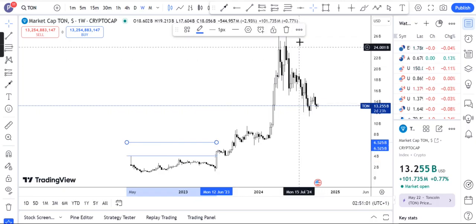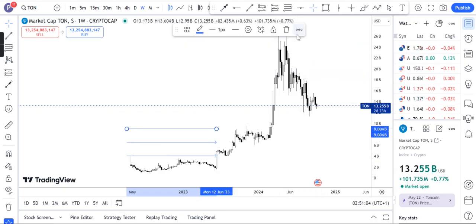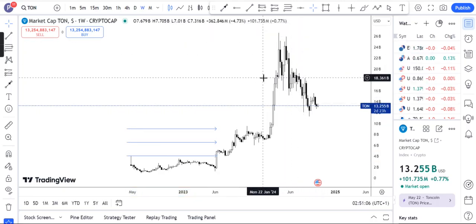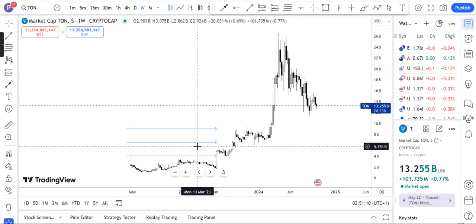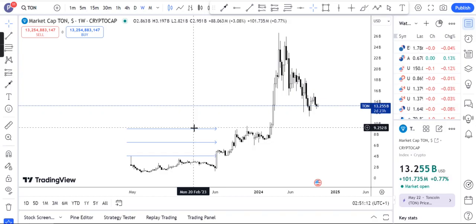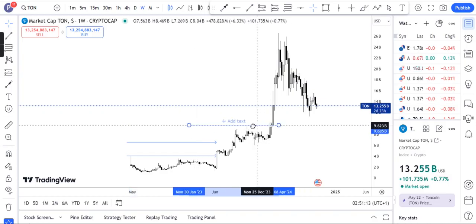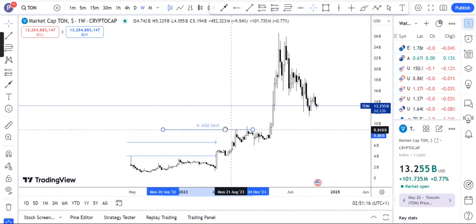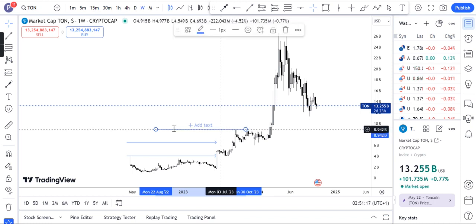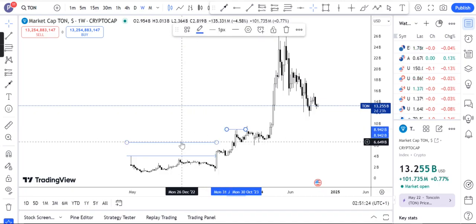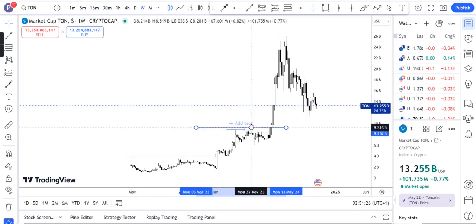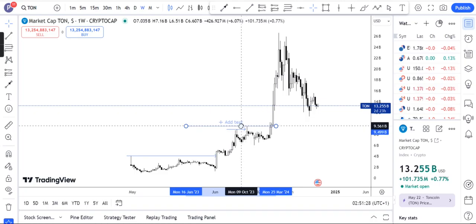And then let's clone the levels. Okay, it doesn't really have much. After that level, we have this significant level here, and then we have this other level here.